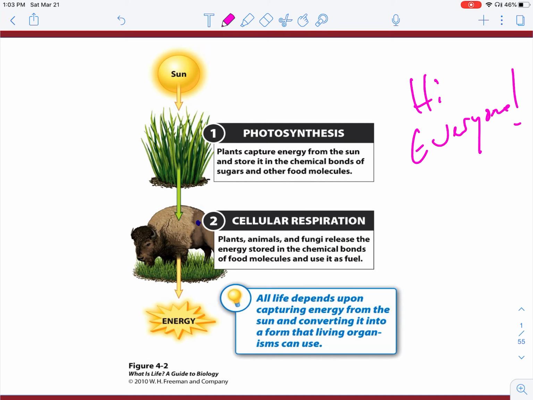On Earth, as we should know, the source of all energy is the sun. And the energy of sunlight gets translated into chemical energy via photosynthetic organisms like plants or photosynthetic bacteria, right?